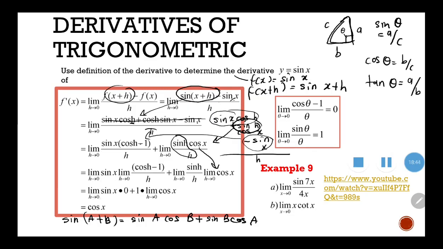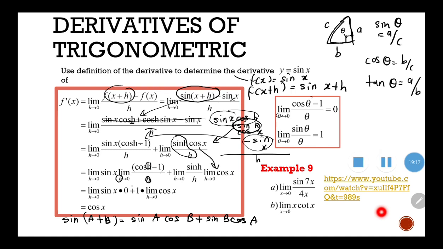So there is a formula here for the limit as theta approaches 0 of (cos theta minus 1) over theta. The answer should always be 0. And for the limit of sin theta over theta, the answer should be 1. So this one here, (cos h minus 1) over h, is the same like this, right? h here, h here, h here, and here theta, theta, theta.